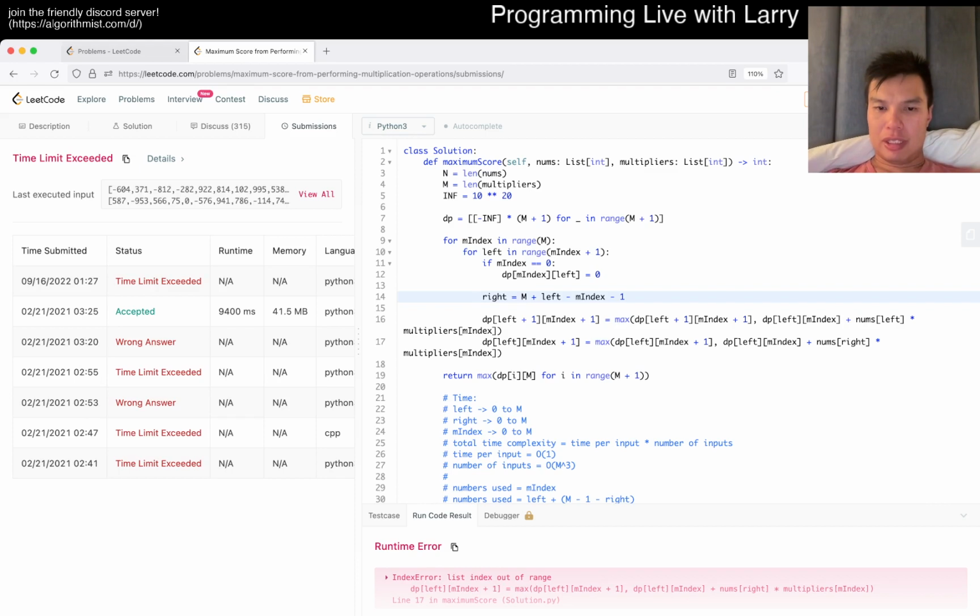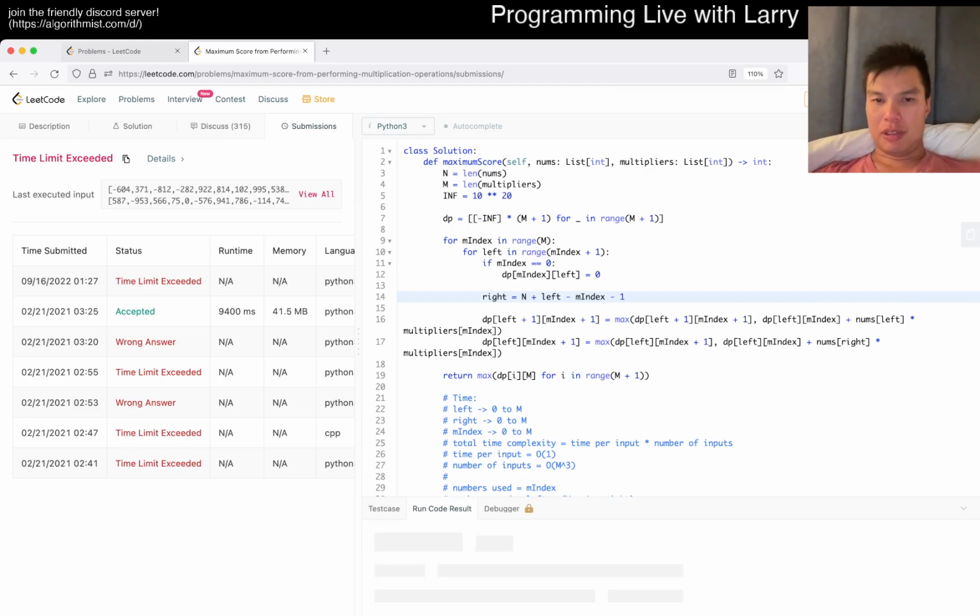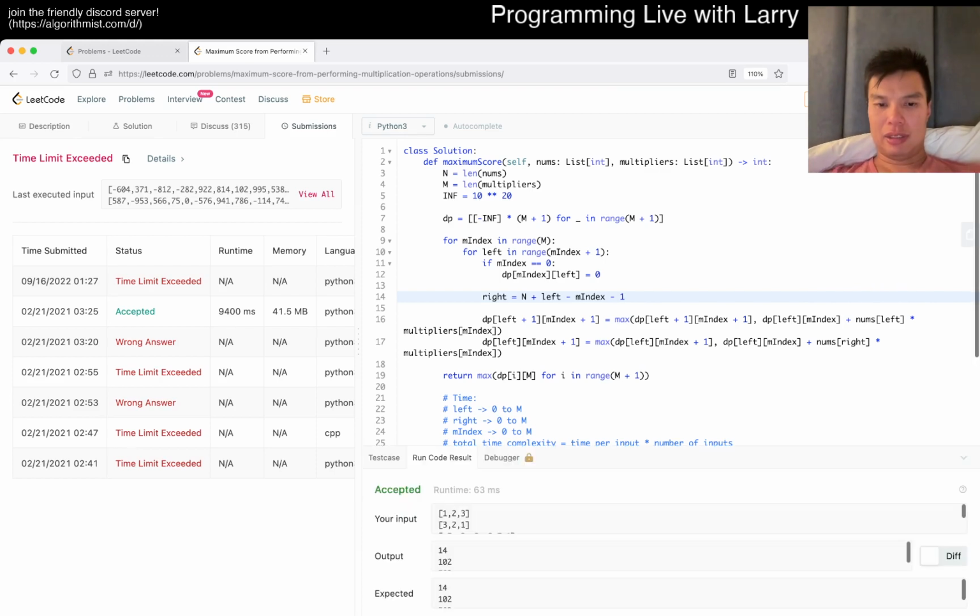Oh. I use M as a proof by bounding it, but the actual thing should be N because it's from the right side. Okay, wow, that was a very silly mistake.